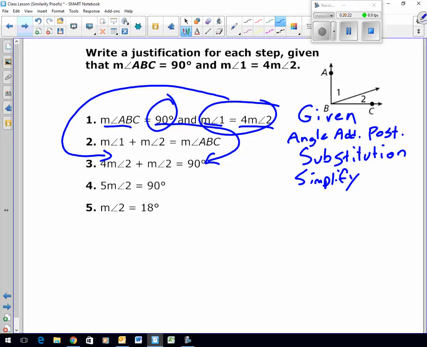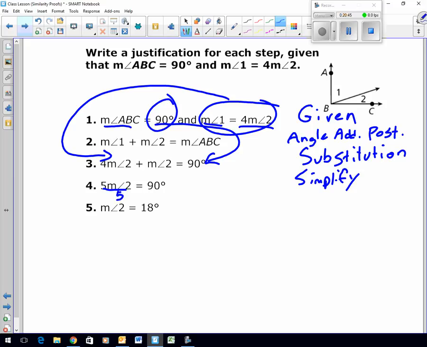Out of all this mess, I end up saying the measure of angle 2 equals 18. How did I do that? How did I go from here to here? Didn't subtract. I did what? Divided both sides by what? Perfect. You see it, right?